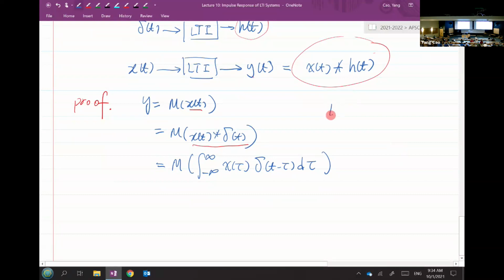Remember, we're dealing with an LTI system here. LTI basically says homogeneity property: when you have a constant multiplied by a function, you can take the constant out.